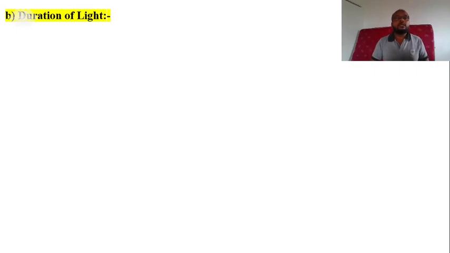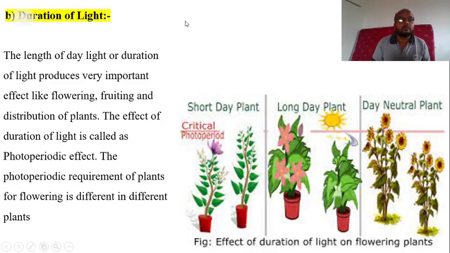On the basis of the requirement of the duration of light for flowering, plants are classified as short day plants, long day plants and day neutral plants. When the length of daylight is short and the plant can flower, it is called a short day plant.